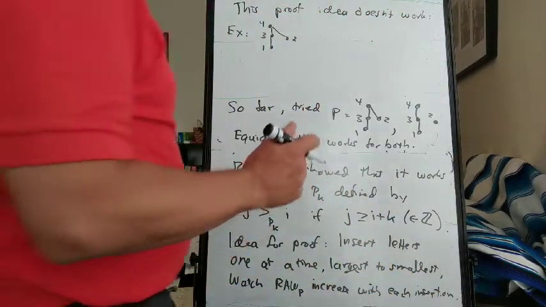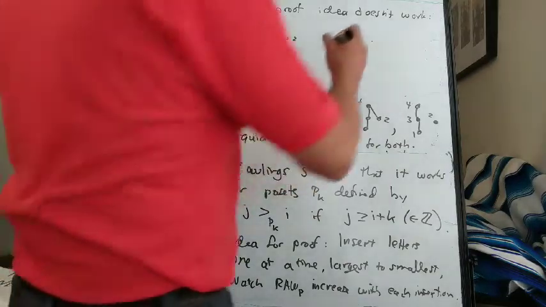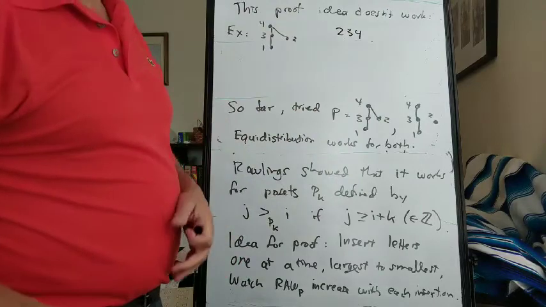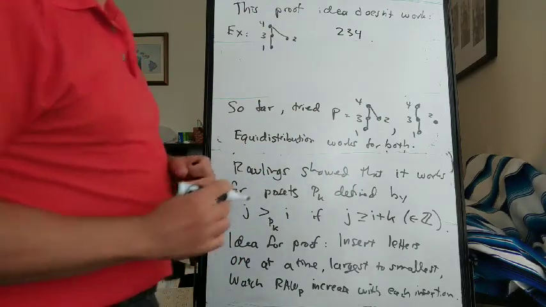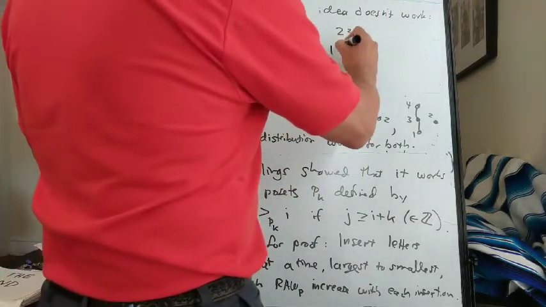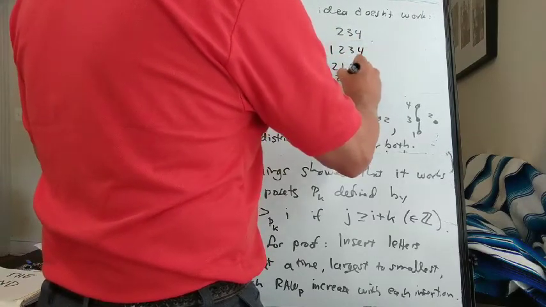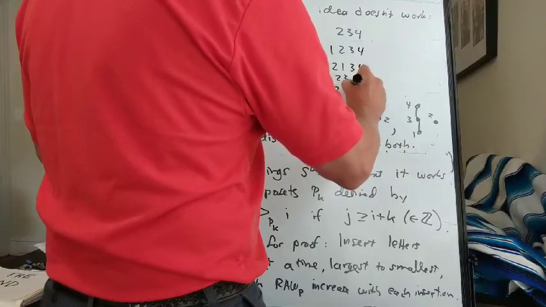And suppose we've inserted 2, 3, and 4. And now we want to insert 1 in all the possible different places. So we have 1, 2, 3, 4, 2, 1, 3, 4, 2, 3, 1, 4, 2, 3, 4, 1.